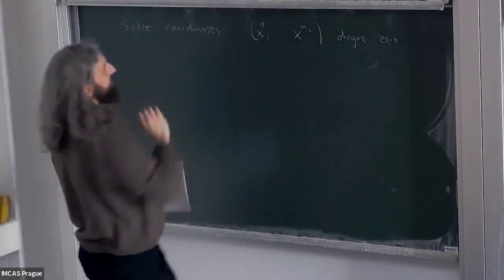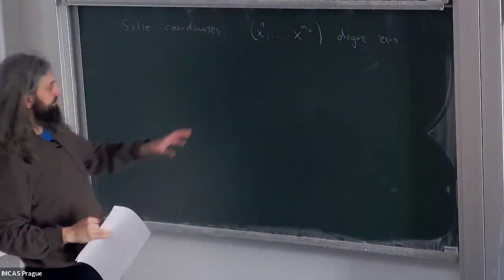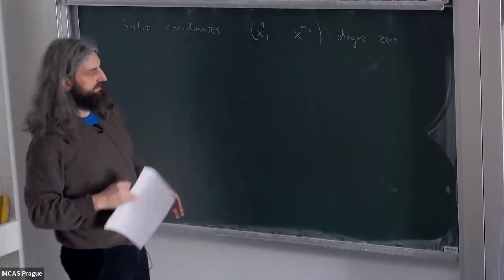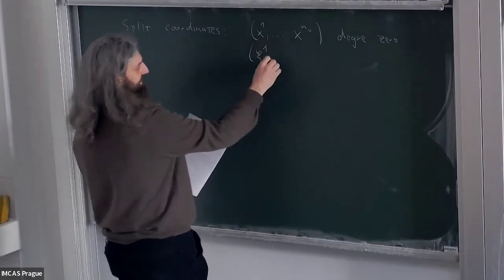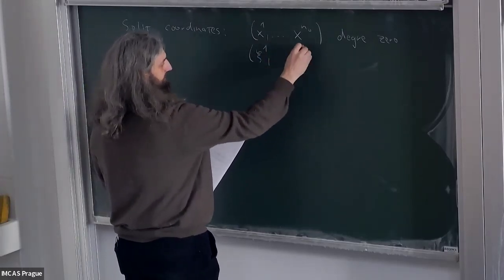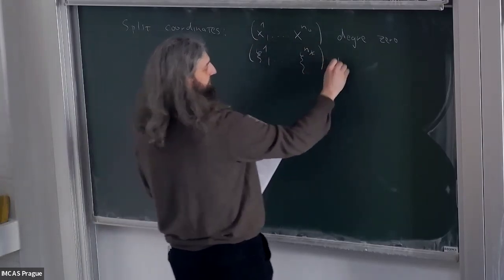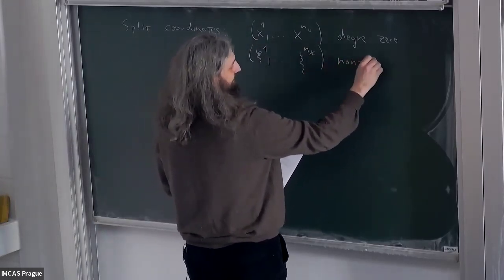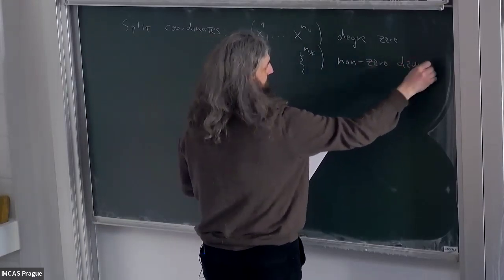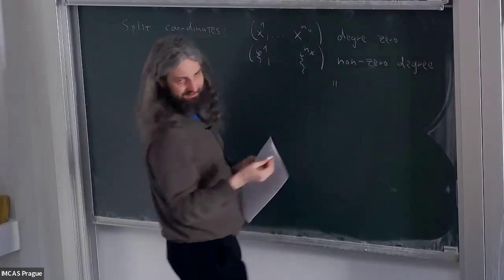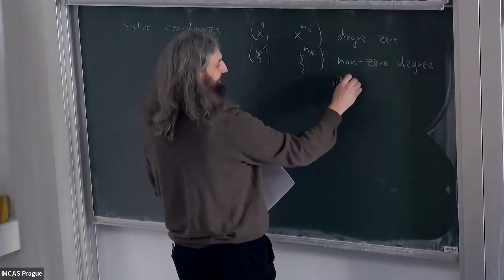Out of those variables, you single out the degree 0 ones, which we denote by x's, and the non-zero degree ones. Sometimes I call them purely graded coordinates.